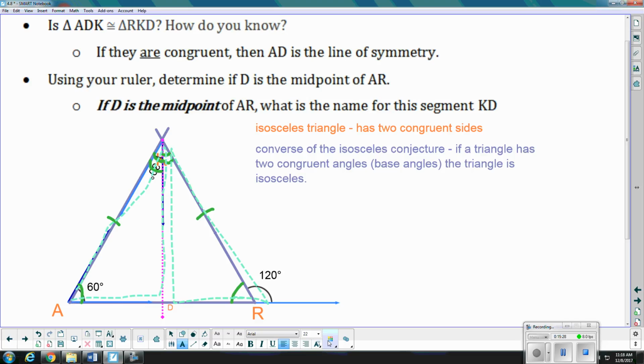So yes, these two triangles are congruent because of the angle-side-angle shortcut. Now you could also say, because they also share a side, so you could also say side-angle-side. So the sides are congruent here, and then these two angles are congruent, and then this side is congruent because it's a shared side.